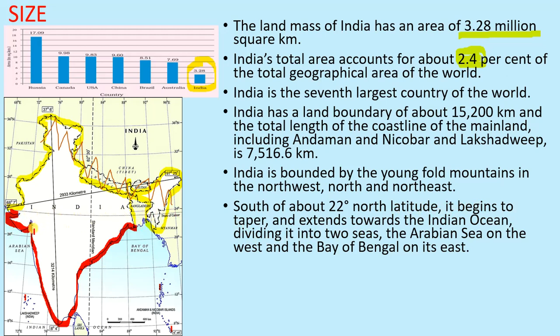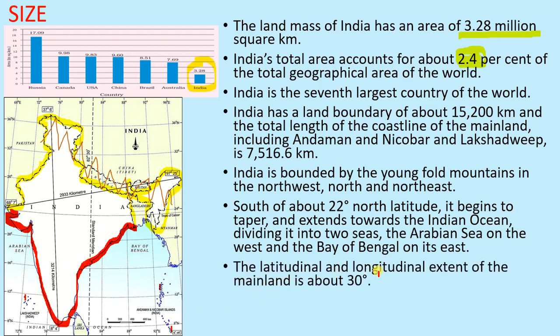From here, India tapers, meaning it gets a triangular shape and narrows in terms of area and width, and extends toward the Indian Ocean, dividing it into two seas. This extension of India in the Indian Ocean divides it into two parts, the Bay of Bengal and the Arabian Sea.